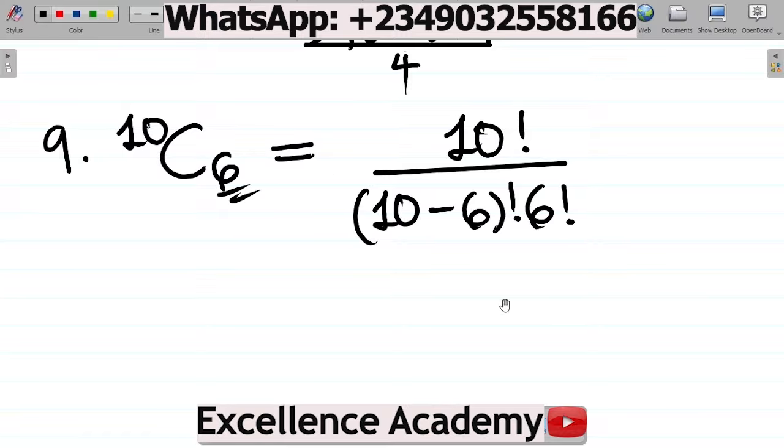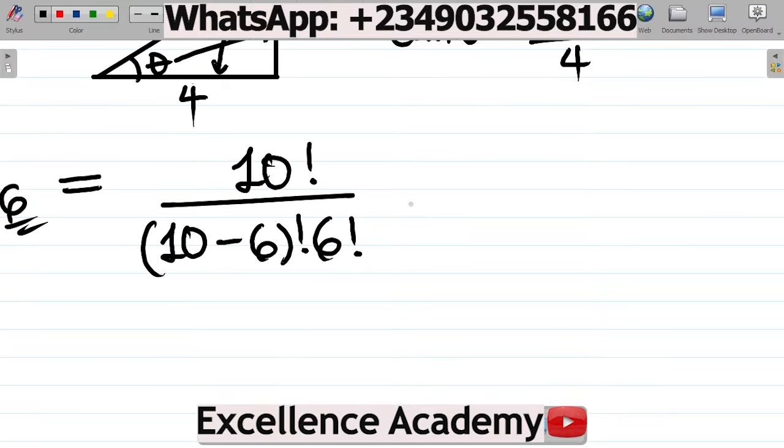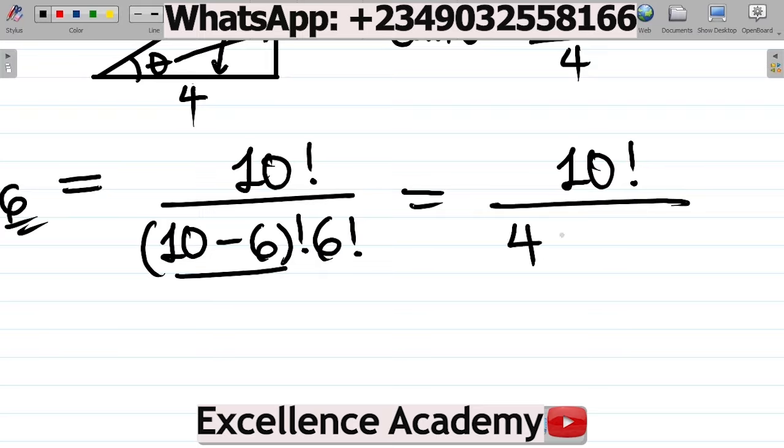I've already explained this in our video on combination. So go to the playlist, look for mathematics, then look for the video on combination. This becomes 10 factorial all over 10 minus 6, which gives you 4 factorial, and then 6 factorial.